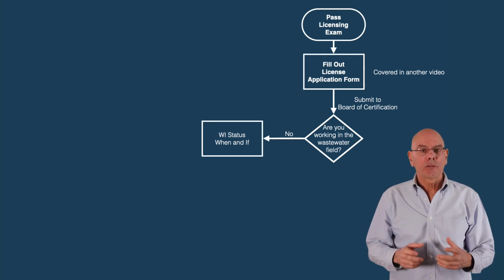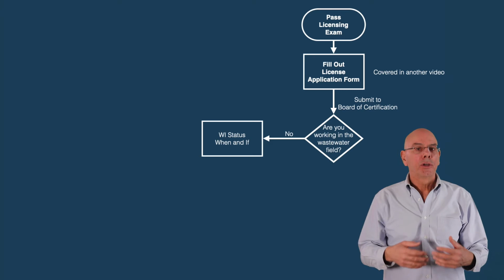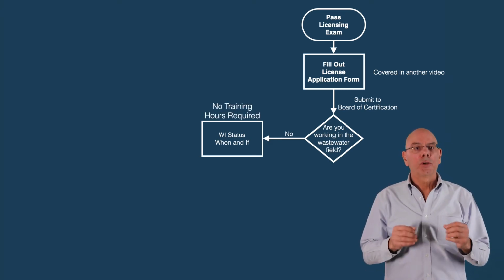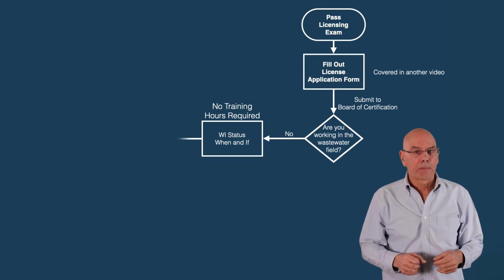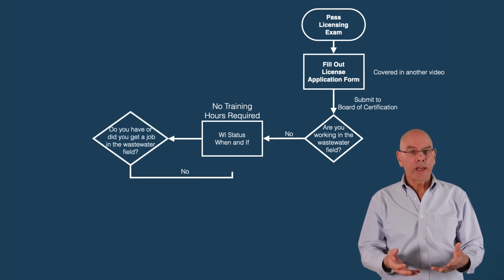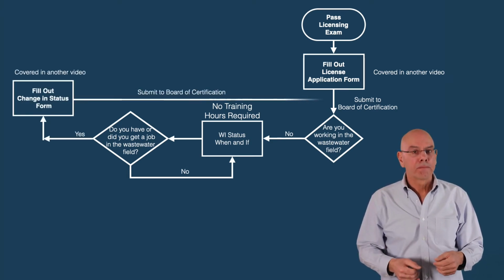To renew your license, all you have to do is pay the license renewal fee every 2 years. You don't need to obtain or submit state-approved training hours when your status is when and if. Now, if you get a job in the wastewater field, you'll need to fill out a change in status form and submit it to the Board of Certification for review.